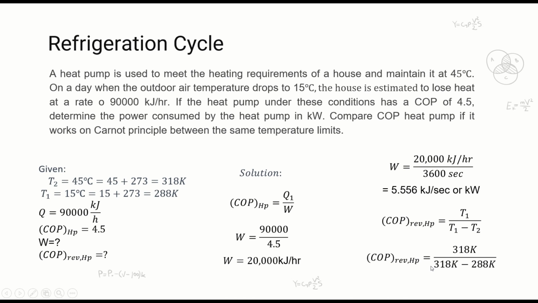Let us put it in our calculator and solve for it. Now our value for COP is 10.6. Note that COP is unitless. Thus we have a value of 10.6.